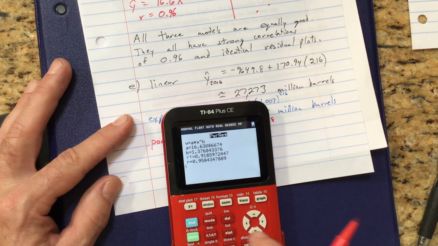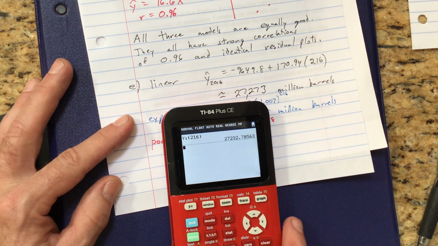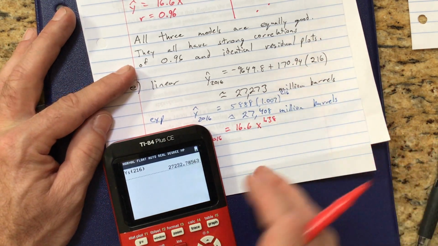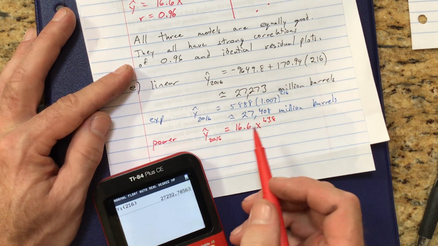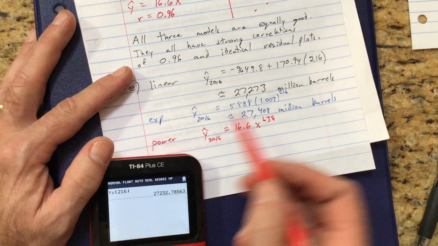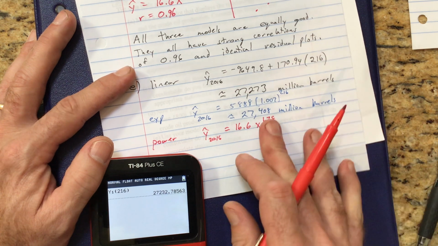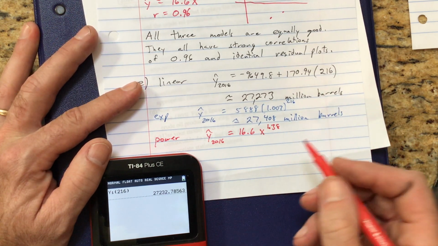Okay, and calculate. And hey, look at that. Something right in between the other two, which makes sense. Remember, exponential is always going to be your fastest growth curve. And of course, power will outpace linear. So we get something right in the middle.